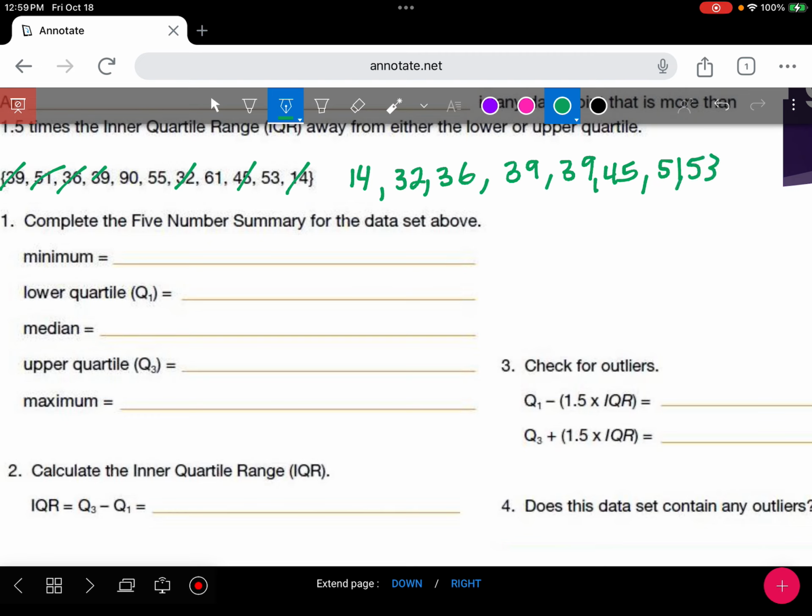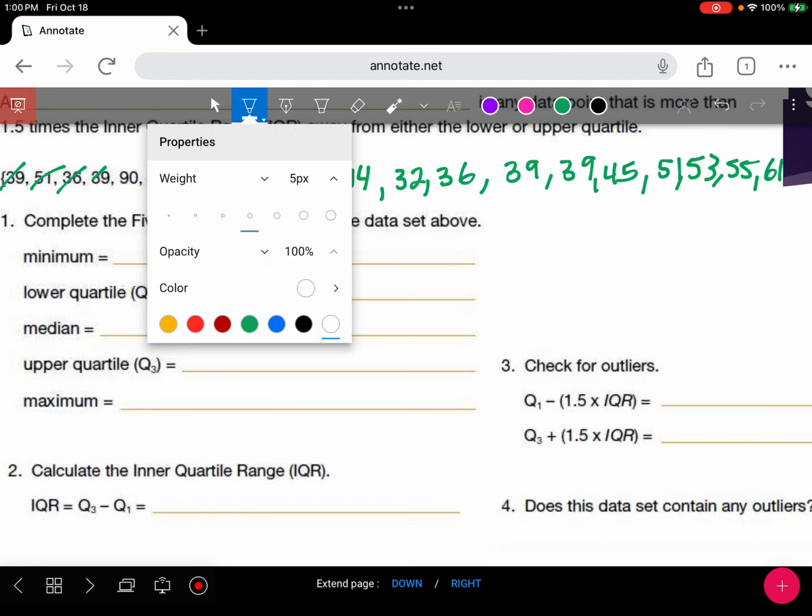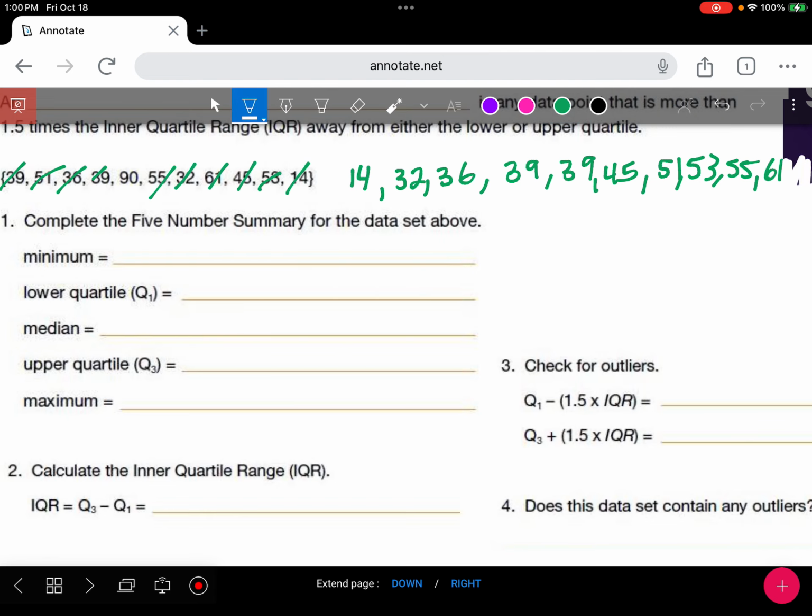Oh, come on. 53. 55. I'm running out of space. 61. Oh, I've only got one left. I can fit it. There we go. And then 90. There we go.